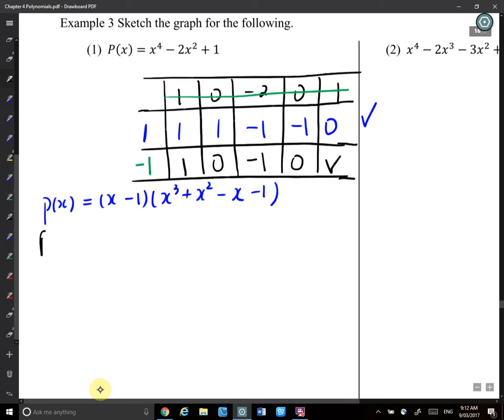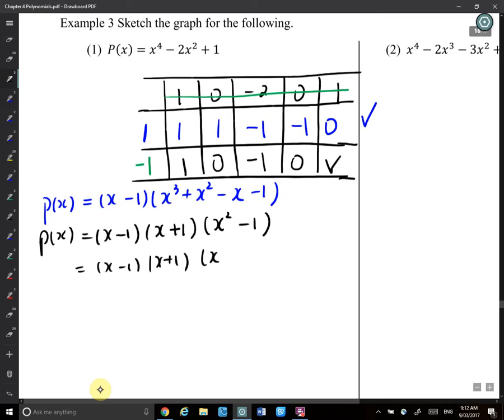So your P(x) can be factorized as x minus 1, x plus 1, and you have x squared plus 0x minus 1. Now, that's x minus 1, that's x plus 1, and this is x plus 1 and x minus 1.